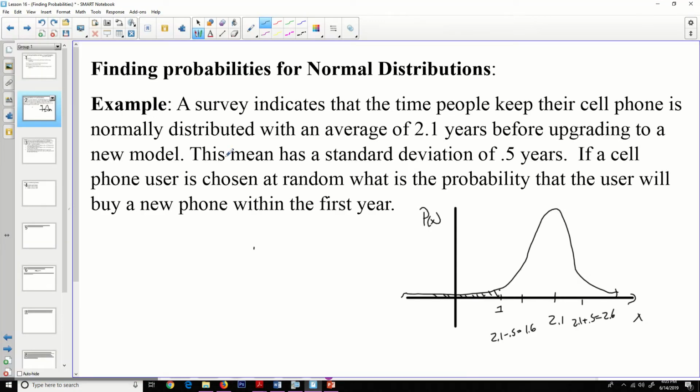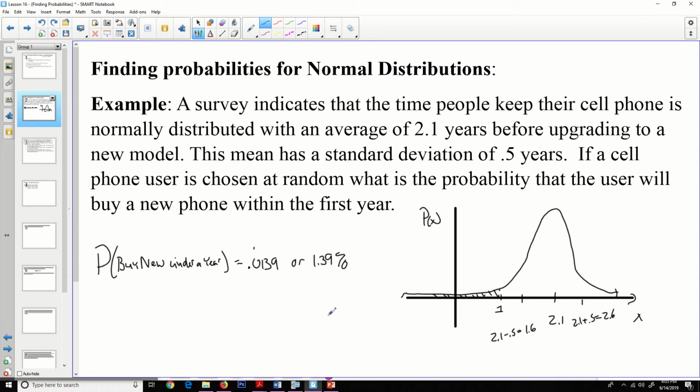So the probability of buying a new phone in under a year is going to be 0.0139, or 1.39%.